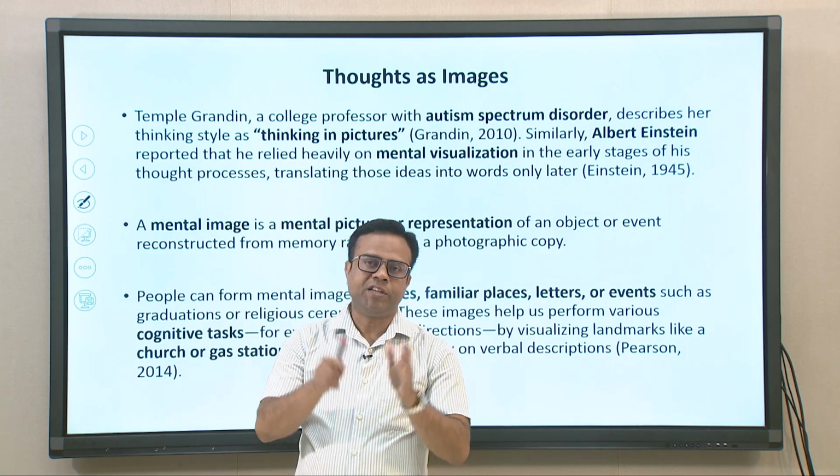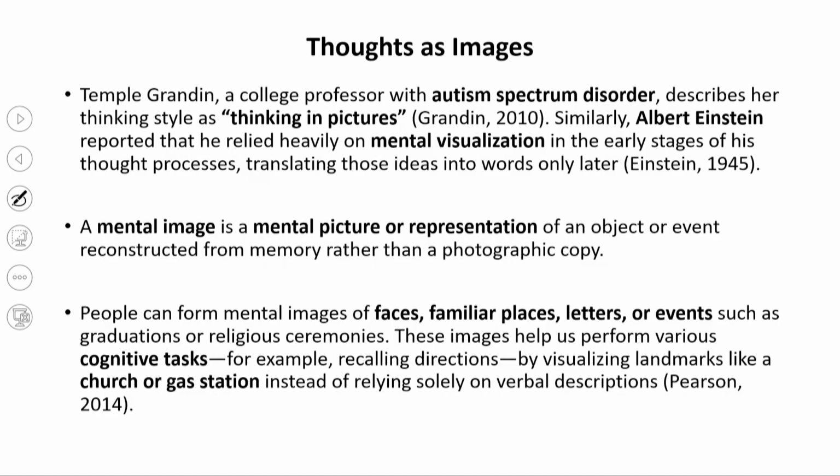So, thoughts as images. When we think, one of the important contents is images, as we said. So let us look into these images. A lot of people think in terms of pictures, or in terms of images. That's called thinking in pictures. A lot of people, such as Temple Grandin, a college professor who had autism spectrum disorder, described her thinking style as thinking in pictures.